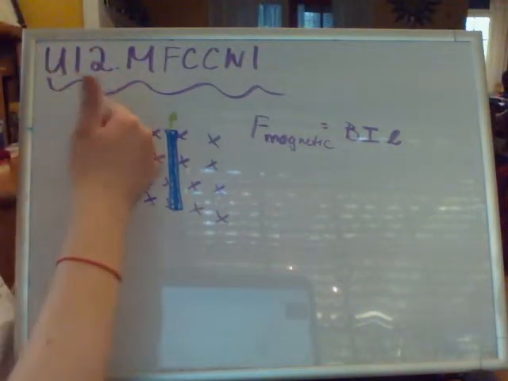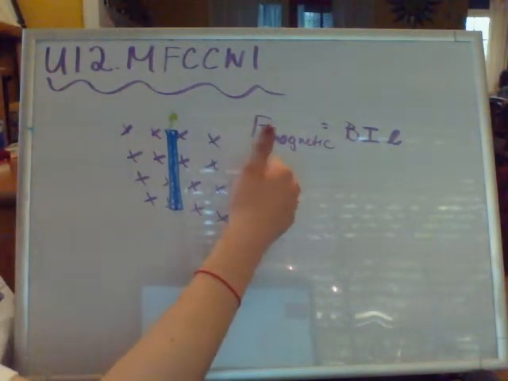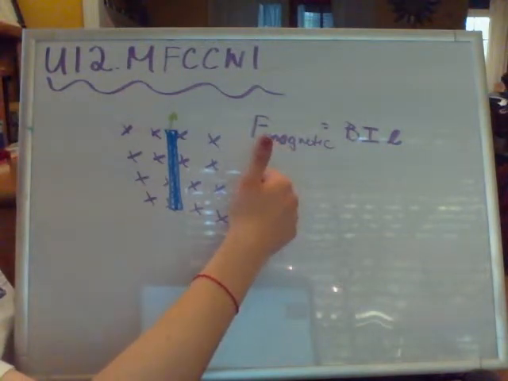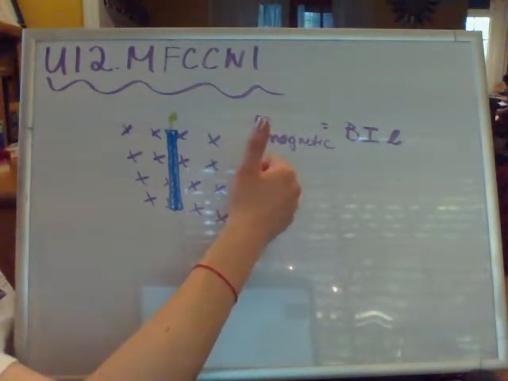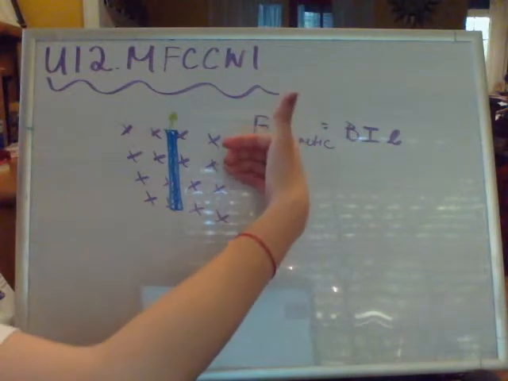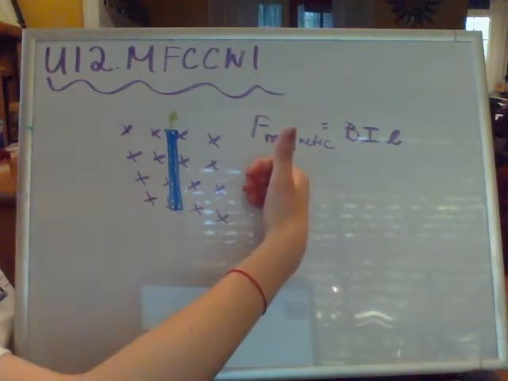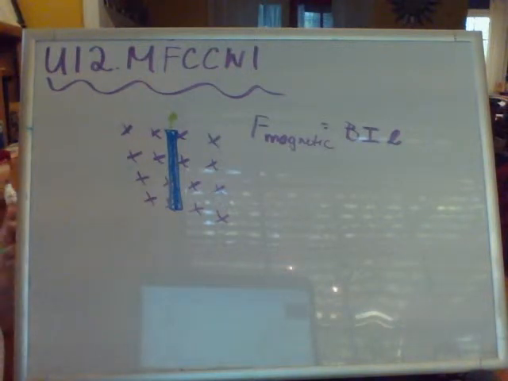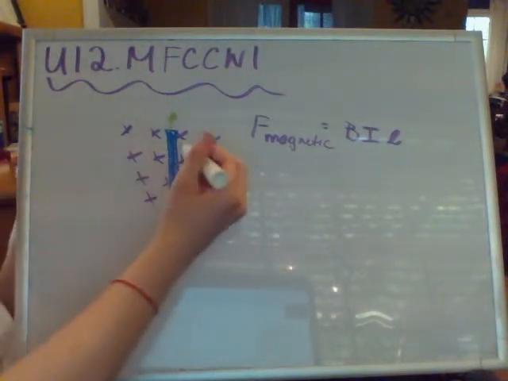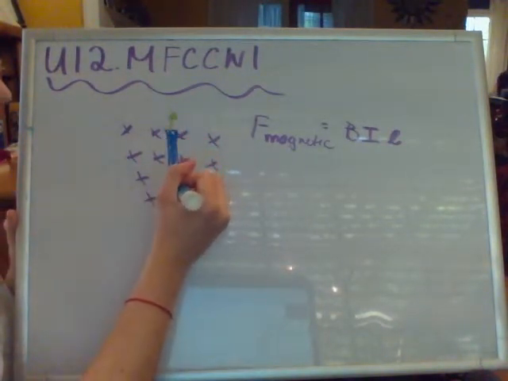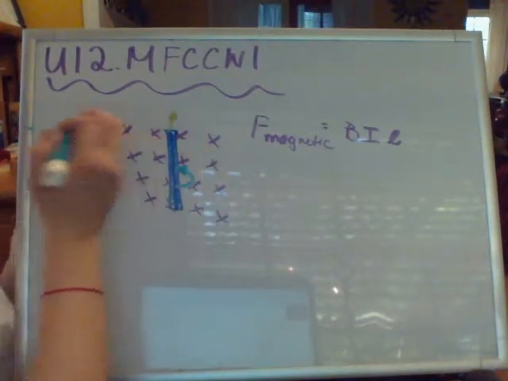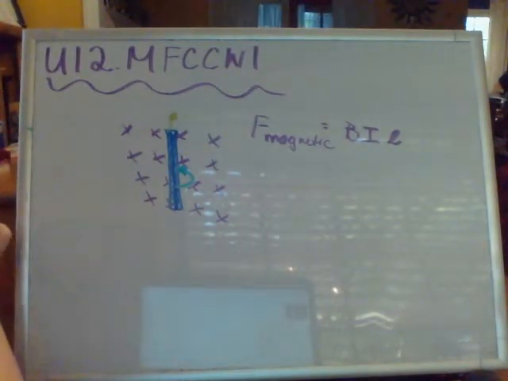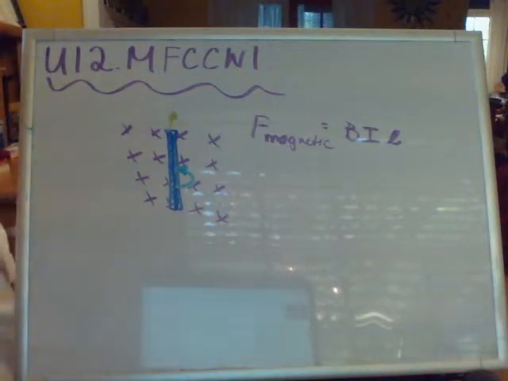So our thumb points in the direction of the current, and then we wrap our fingers around the wire, and that gives us the direction of the magnetic field. So it's going around the wire.